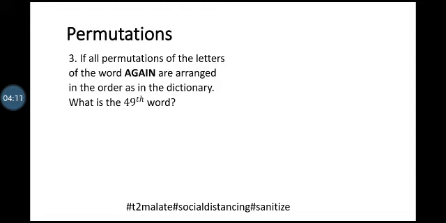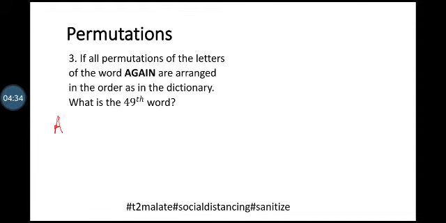starting in the order of the alphabet, meaning I will start with A because A is the first letter in the alphabet from these letters. Then we have G, then we have I, and we have N. So what this means is, if we're going to have our first word, it has to start with the letter A. This is the starting word.